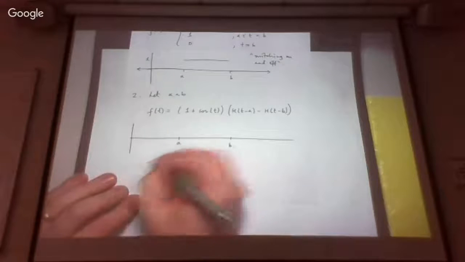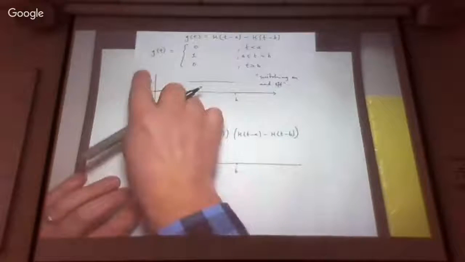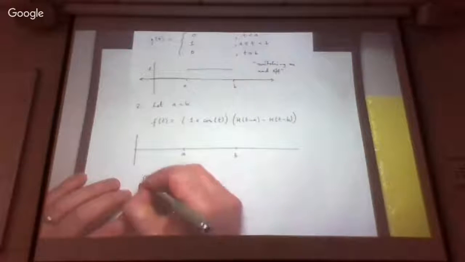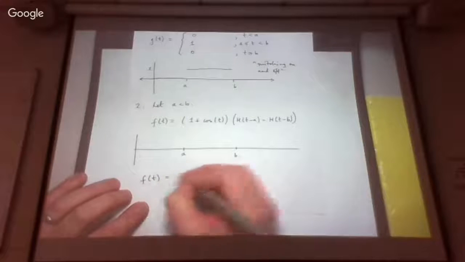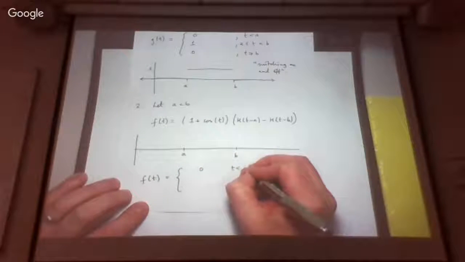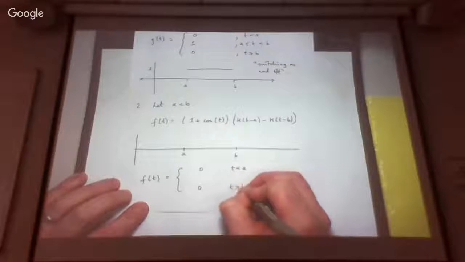Well, understand this factor here. That's the factor g up here, 0, 1, 0. So f of t will behave very similarly. It'll be equal to 0 for t before a, and 0 for t beyond b.